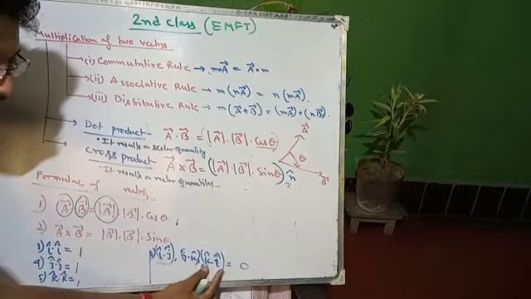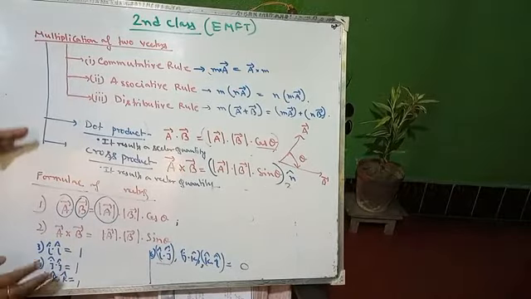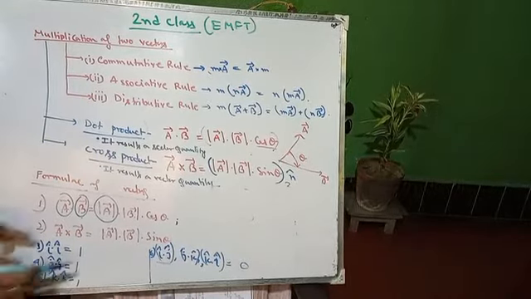Similarly j dot k and similarly k dot i. So these are formulae 3, 4, 5 and 6.